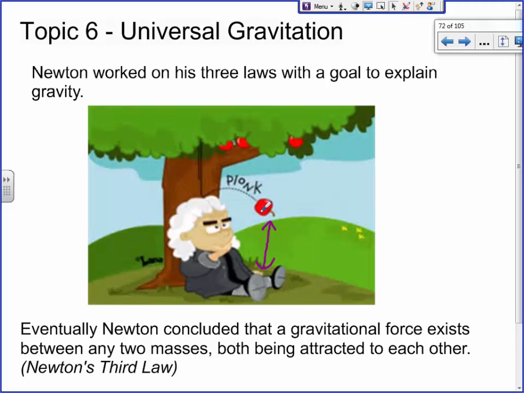Well, when you consider the mass of the apple and the mass of the Earth, the mass of the apple is so incredibly tiny that although it does gravitationally pull on the Earth, the Earth is so big it really doesn't move. Does that make sense? What we notice is the Earth being so big and the apple being so small. We notice the apple getting pulled towards the Earth, but really, both are happening at the same time.